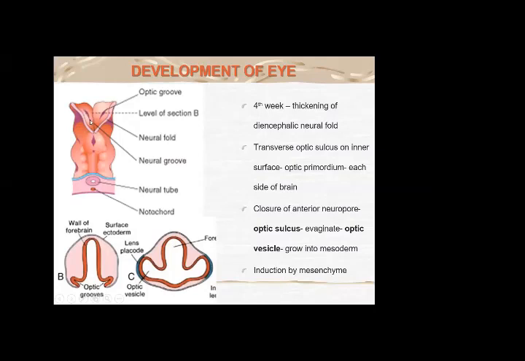Now on the inside of this thickening, you have this groove. This is called optic groove. You see it from the inside. So this optic groove or the optic sulcus, one on either side.